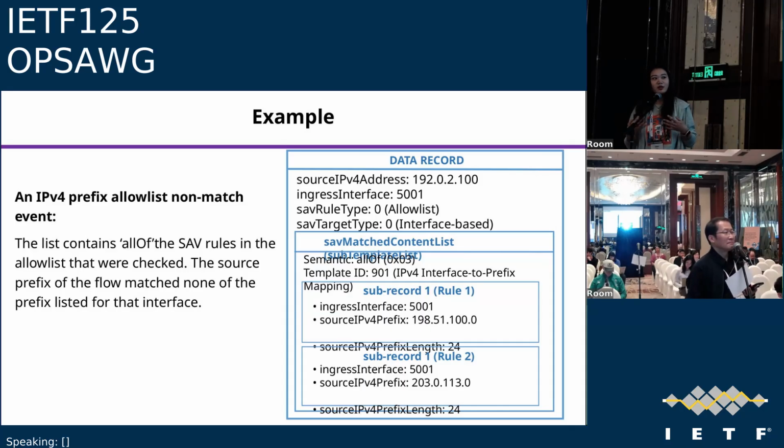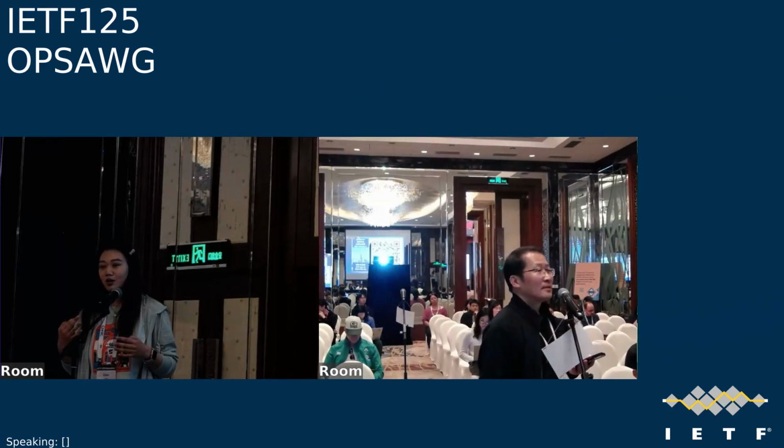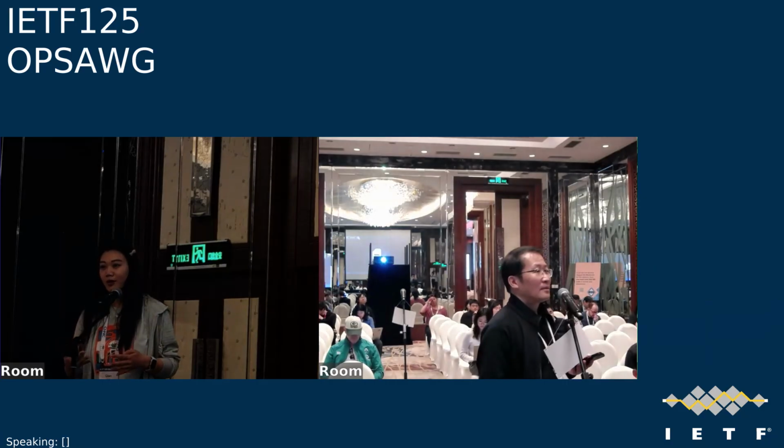The operators can be informed. If we don't have IPFIX to export the information, we don't know at all. We don't even know there are packets being dropped. So how to deal with the situation?